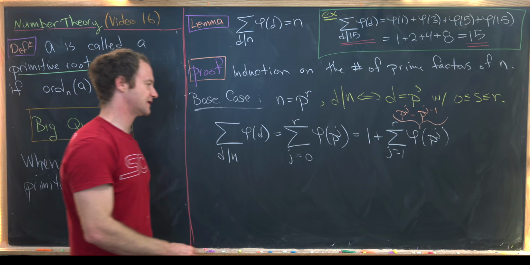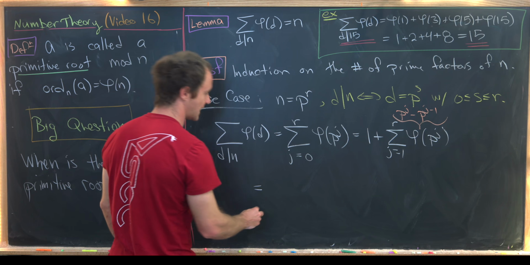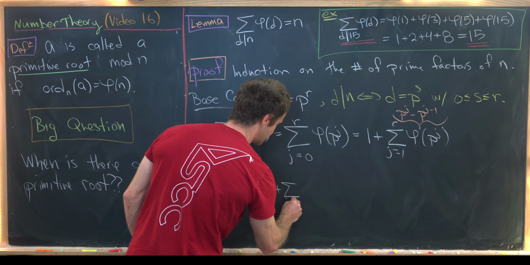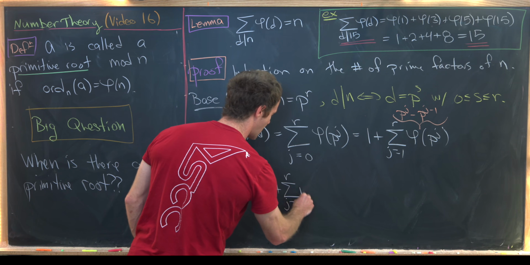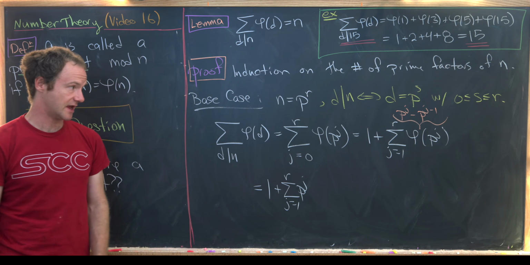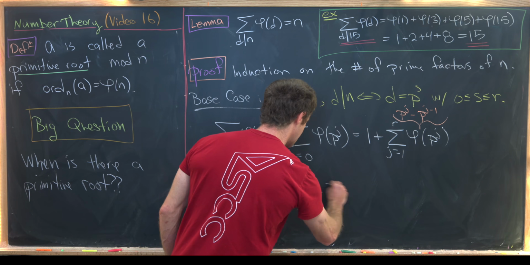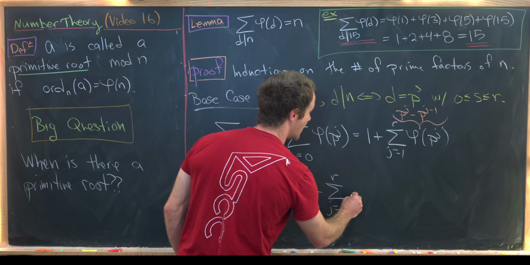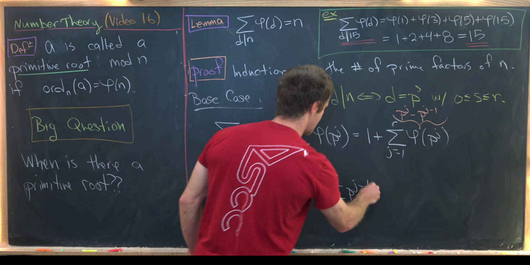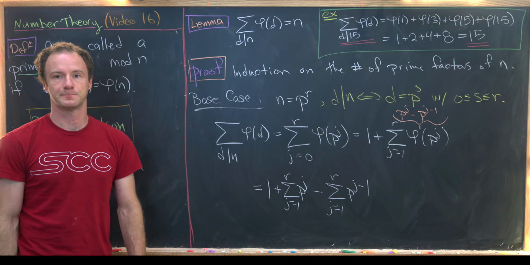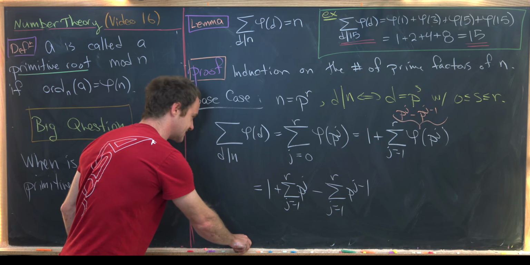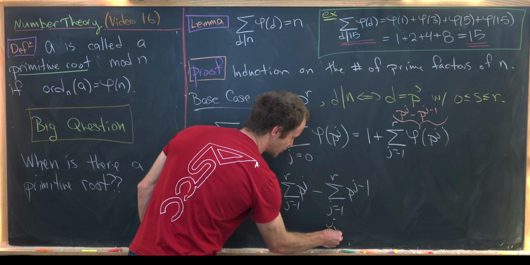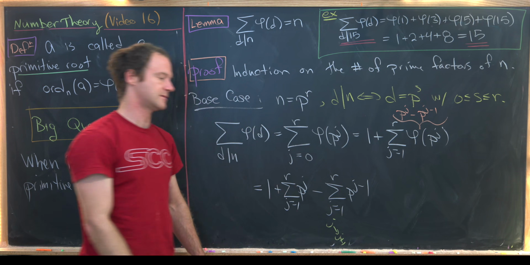Now we're going to go ahead and split that into two sums. So we've got that this is 1 plus our sum as j goes from 1 up to r of p to the j, and then minus our sum as j goes from 1 up to r of p to the j minus 1. Now we're going to re-index this second sum. So let's re-index this by replacing j with j plus 1.